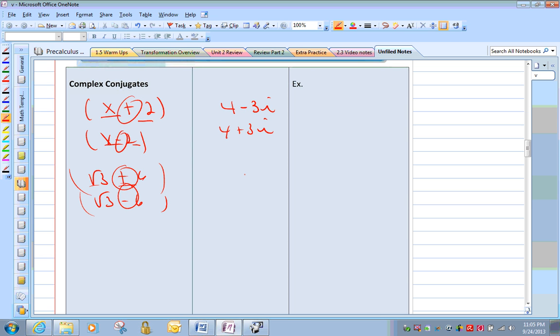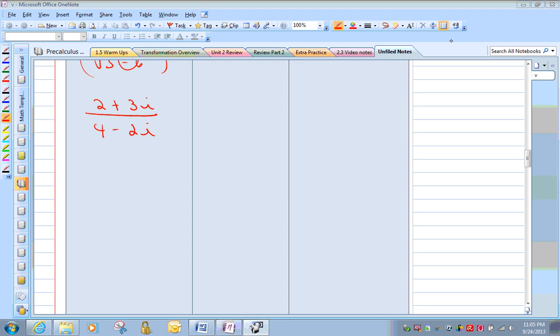Let's see if we can clear this denominator, and that way we would be able to write our complex number in complex standard form. The first thing we need to do is clear the denominator, so we're going to multiply by its conjugate, 4 plus 2i, and we also do that at the top, 4 plus 2i.